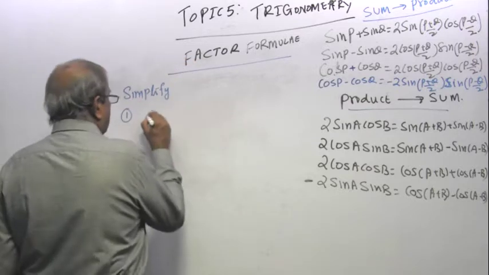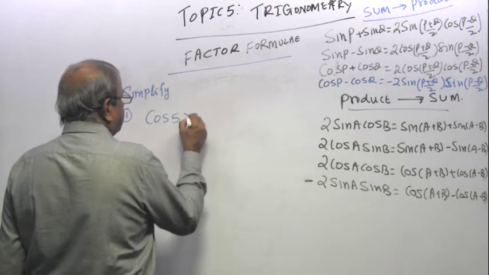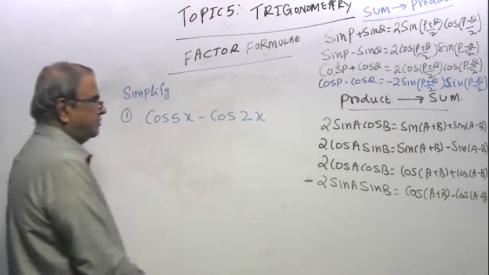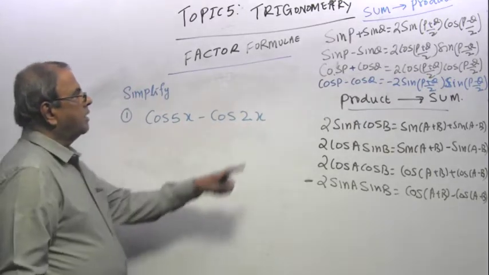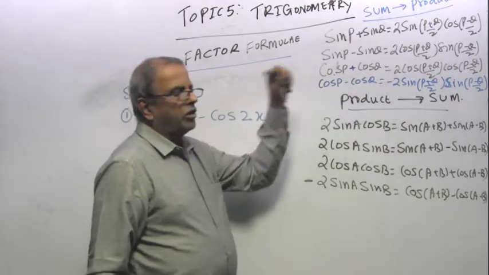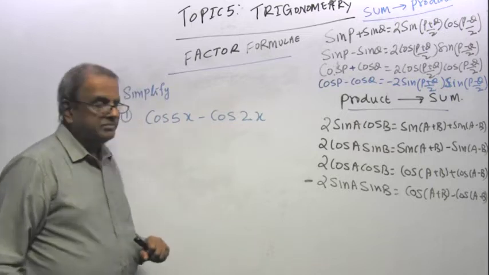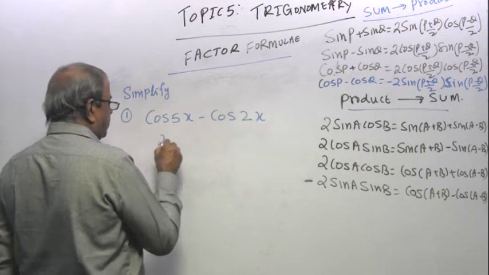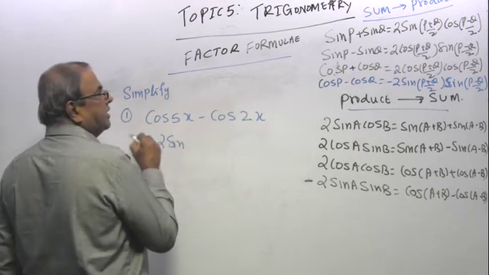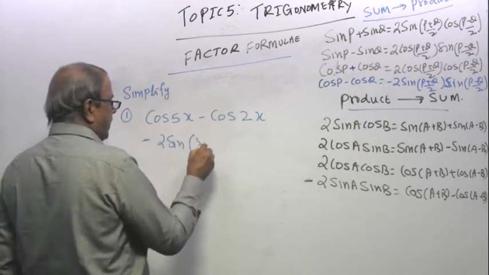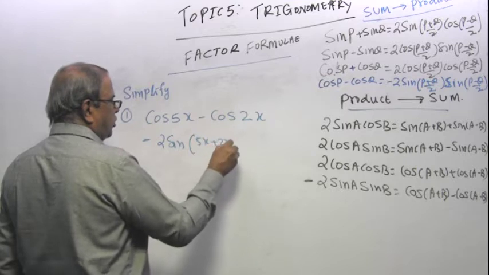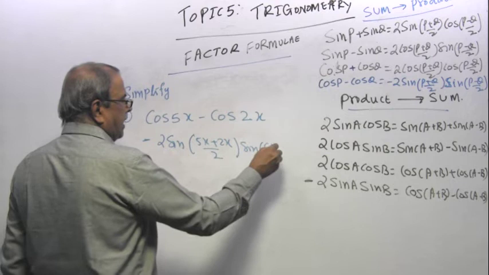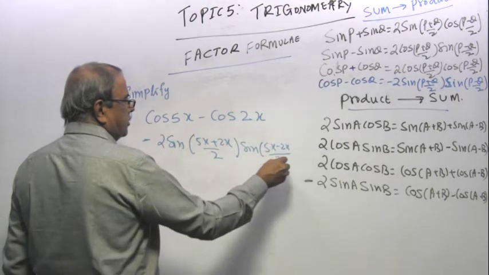Let's say cos 5x minus cos 2x. Cos P minus cos Q. Yeah. P is 5x, Q is 2x, so it is minus 2 sine (P plus Q over 2) sine (P minus Q over 2).